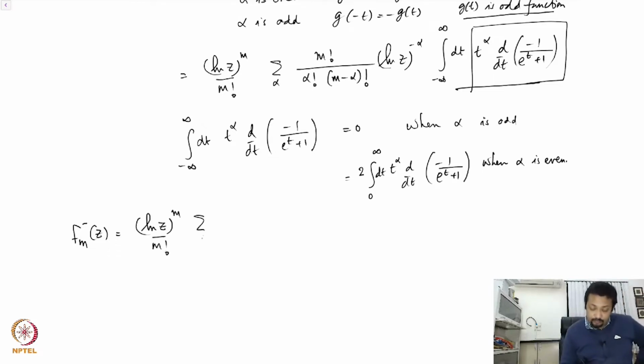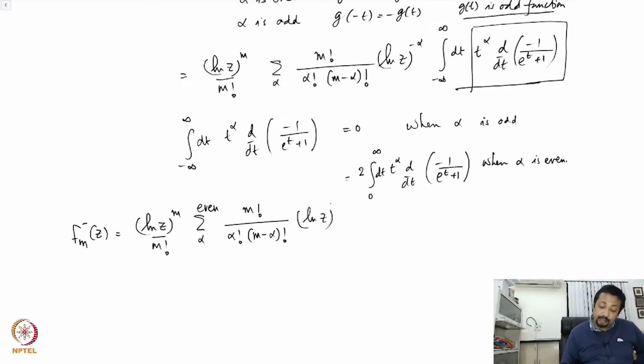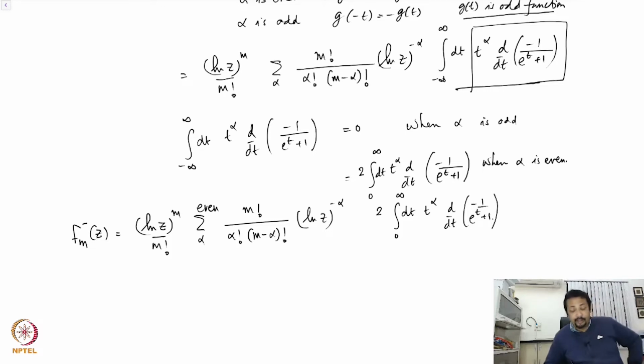I then have the sum over alpha, but now only even values of alpha are allowed, so that I have m factorial over alpha factorial (m minus alpha) factorial, ln z raised to the power minus alpha, and then a 2 times the integral 0 to infinity dt t to the power alpha d/dt of minus 1 over e to the power t plus 1, right?